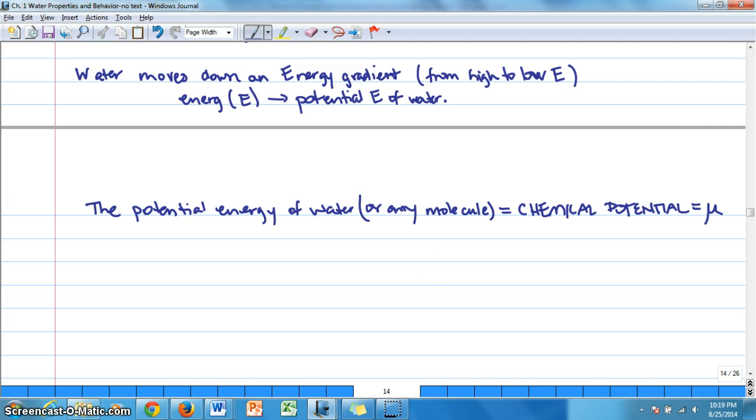So we'll be looking at the chemical potential, or mu, of substances, or basically of water, and how the potential energy of water is influenced by the presence of solutes and their potential energy. So we'll pick up from here as we continue on with the next video clip specifically on chemical potential of water.